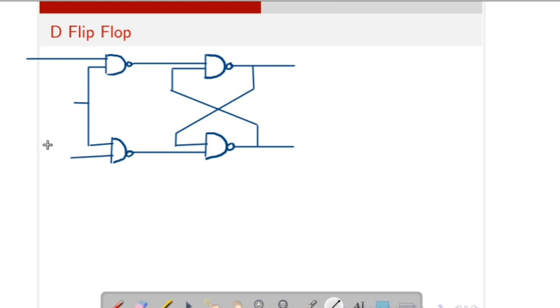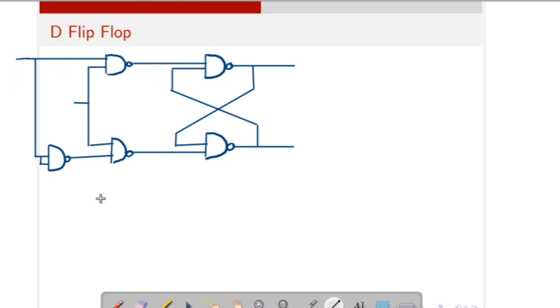So in D flip-flop, we invert the S input and give it to the R input. For this, to complement the S input, we use a NAND gate that acts as an inverter.